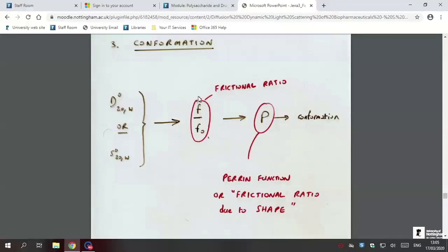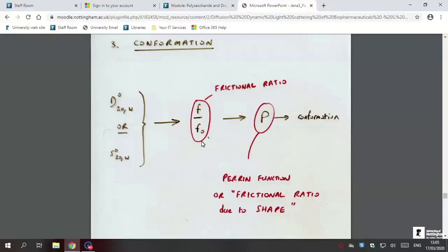So this value will be 1 if it's a dry sphere. It'll be greater than 1 if the particle is asymmetric, or if the particle is hydrated due to the interaction of solvent, water or buffer or whatever with the macromolecule.